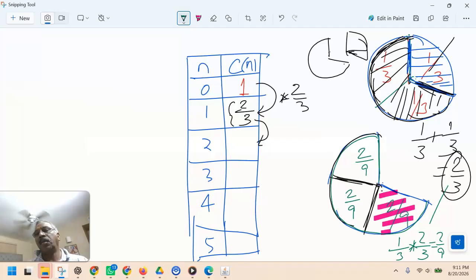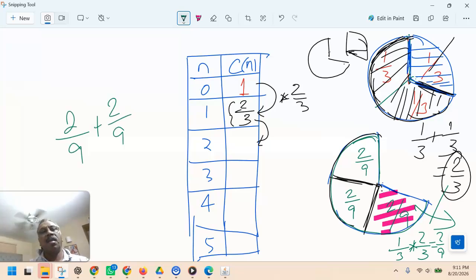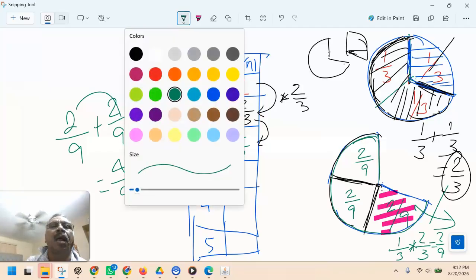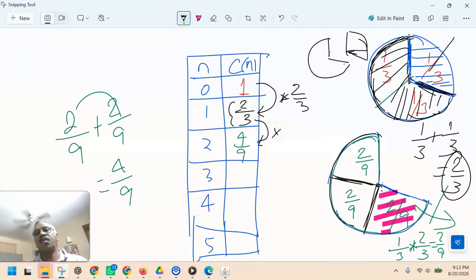So this piece is gone. Then 2/9 plus 2/9 is 4/9. Otherwise, algebraically, you're just multiplying two-third of two-thirds. The previous one was two-third, and you do two-third of it.